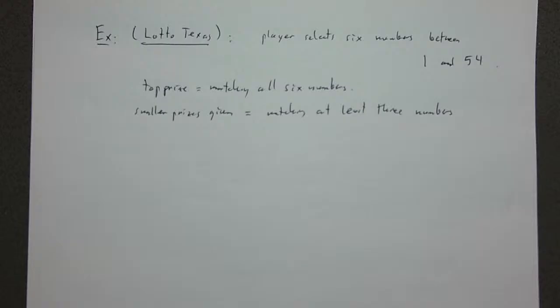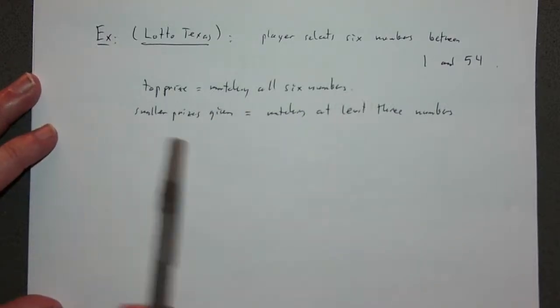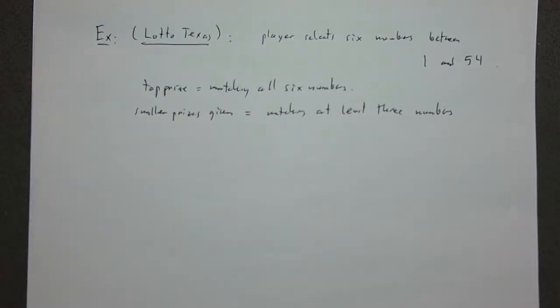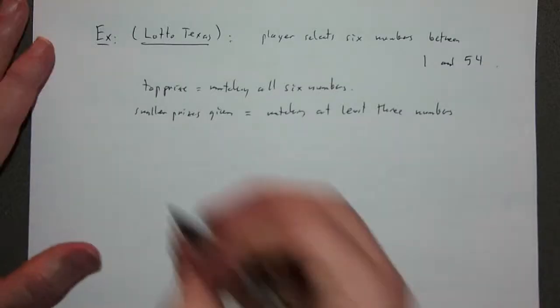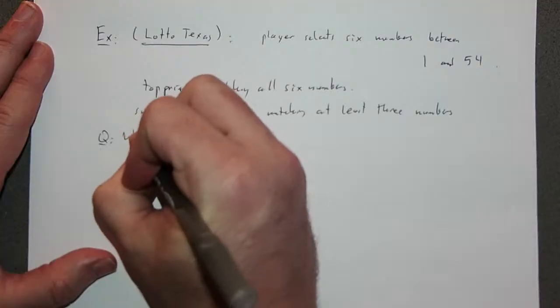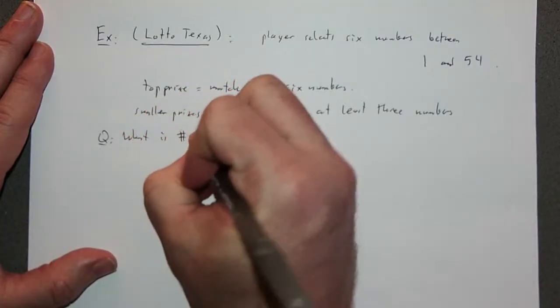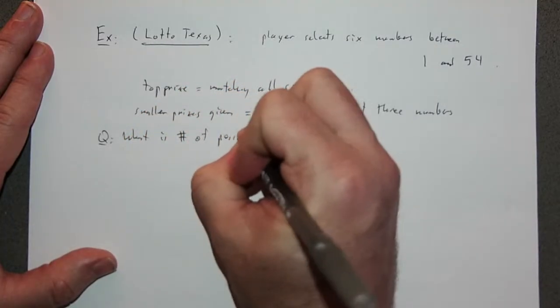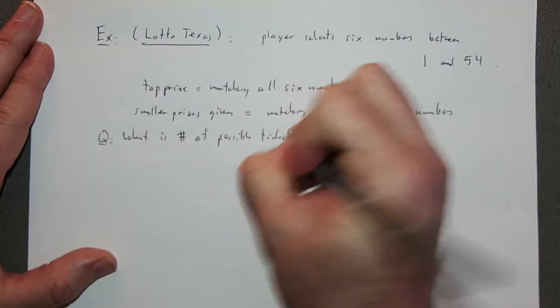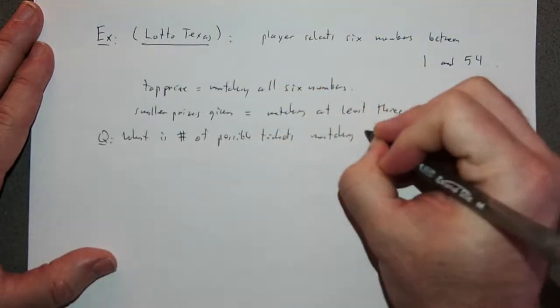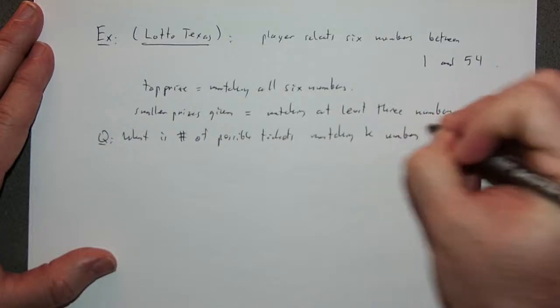The numbers drawn, there's 6 of them drawn, and the question is, how many do you match? If you match all, that's the top prize. If you match at least 3, you get some smaller prizes, and the amount of money you get is going to depend on the number of possible tickets that match exactly K of the winning numbers for every K. So question, what is the number of possible tickets matching K numbers for each K?